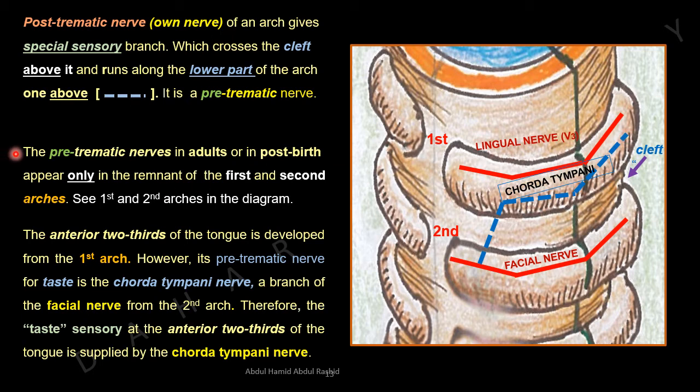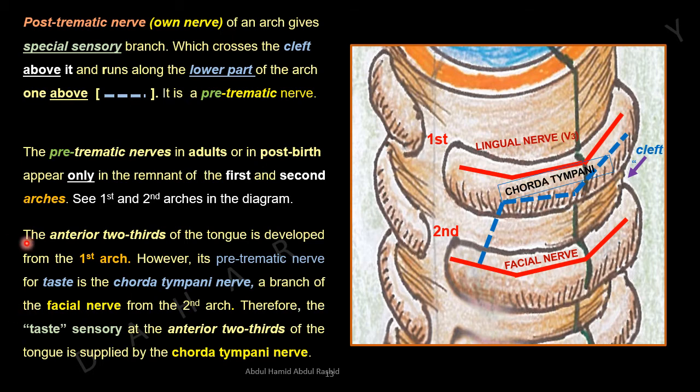The pre-trematic nerve in adults, or post-birth, appears only in the remnant of the first and the second arches. See the first and second arches in the diagram. I've already shown this. So the main nerve, the facial nerve in the second arch, will give a special branch called the chorda tympani nerve, which will go to the arch above to supply the anterior 2/3 of the tongue for special sensory taste.